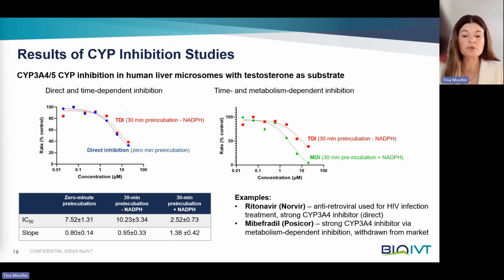It is indeed used on purpose to reduce the CYP3A4 activity to increase the levels of other HIV medications. The second example is, again, mibefradil. I've already mentioned this before, and indeed, mibefradil is a strong 3A4 irreversible inhibitor, which was withdrawn from the market due to its adverse effects and potential for fatal DDIs.